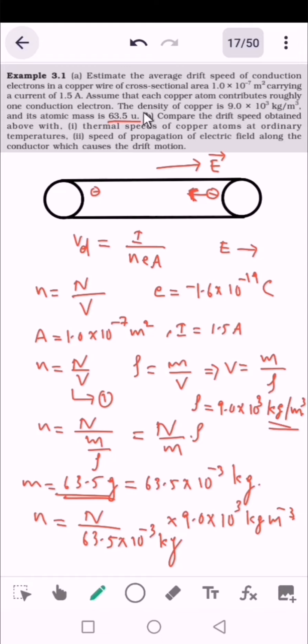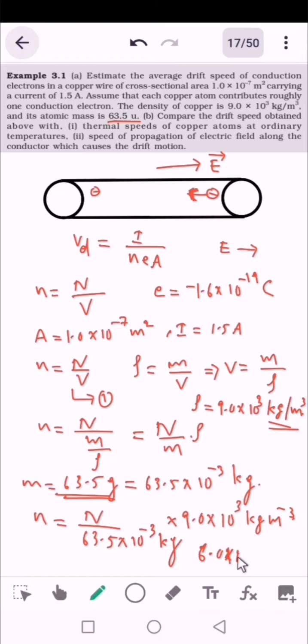So when you take this in moles, as we know, 1 mole of a substance contains how many particles? 6.023 into 10 raised to 23; you can take it as 6.0 itself, for simplicity.